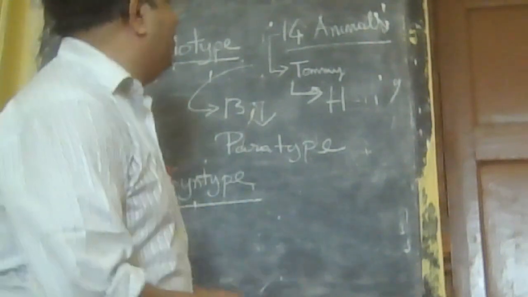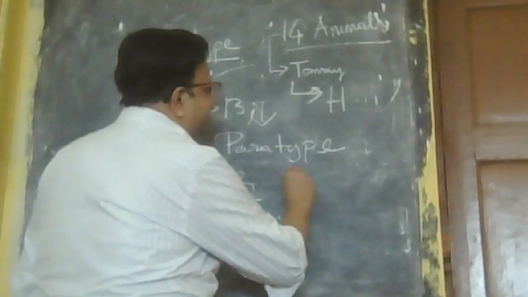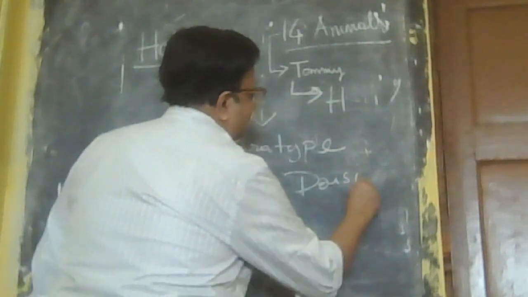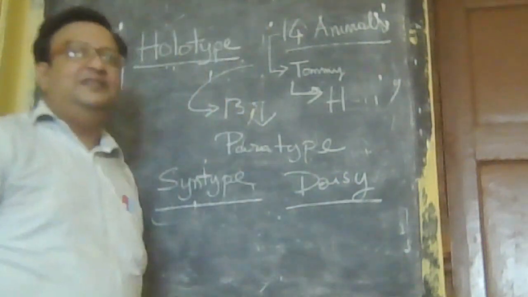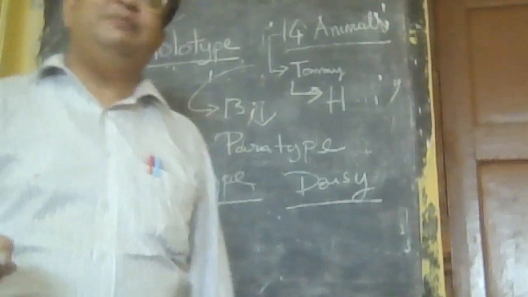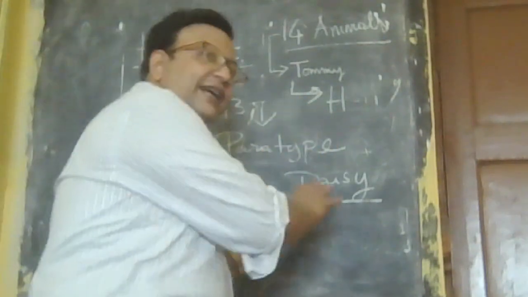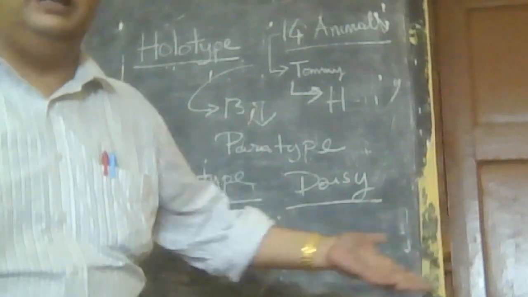So that female dog, say Daisy, that is the female holotype, that female counterpart. Or if you take Daisy first, her male counterpart can be Tommy.